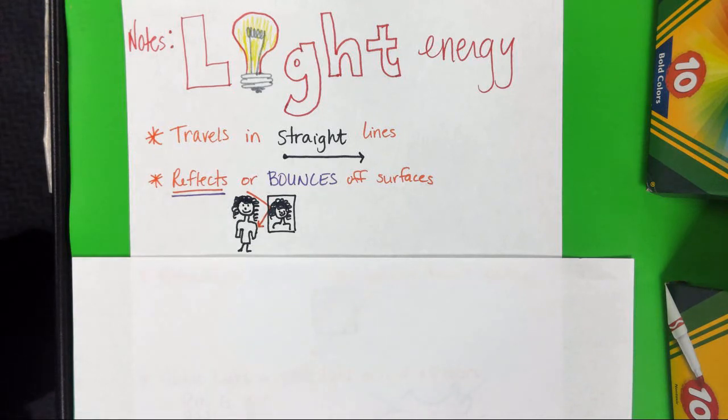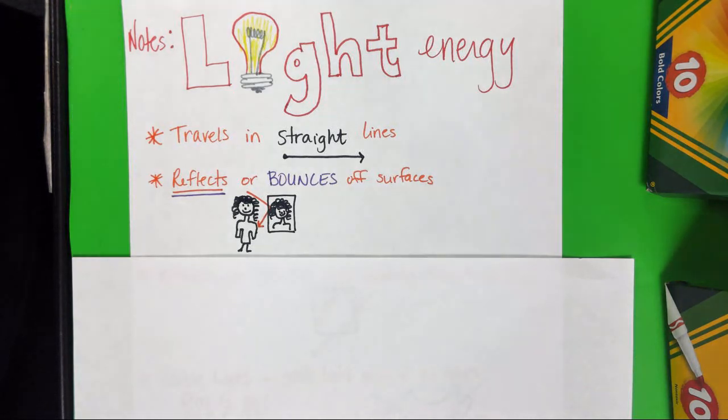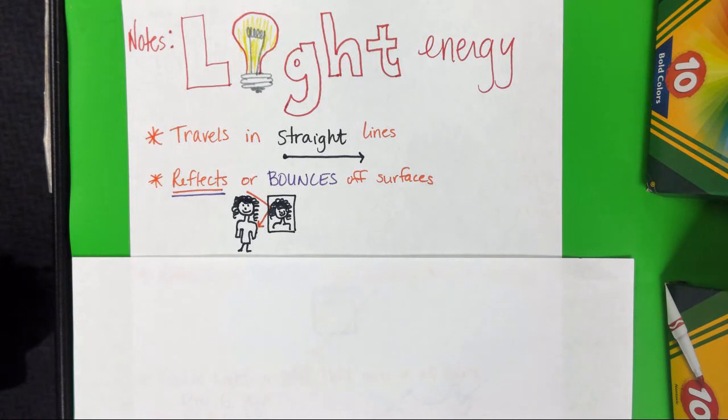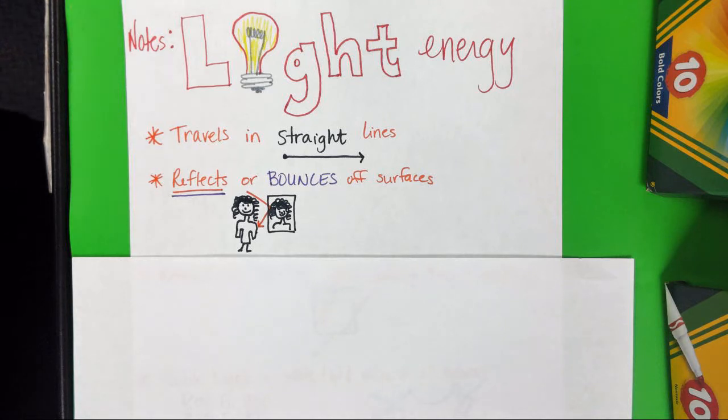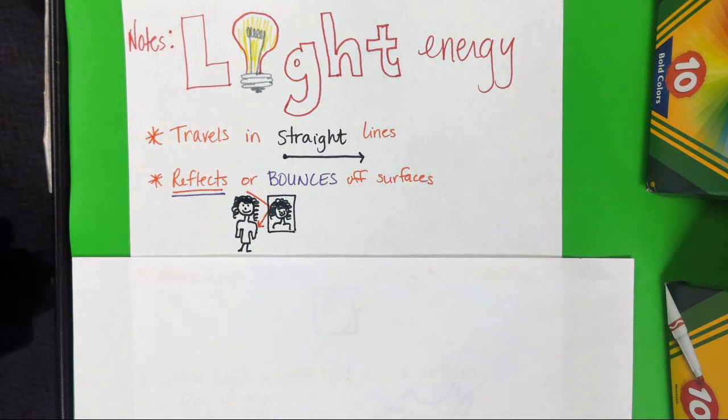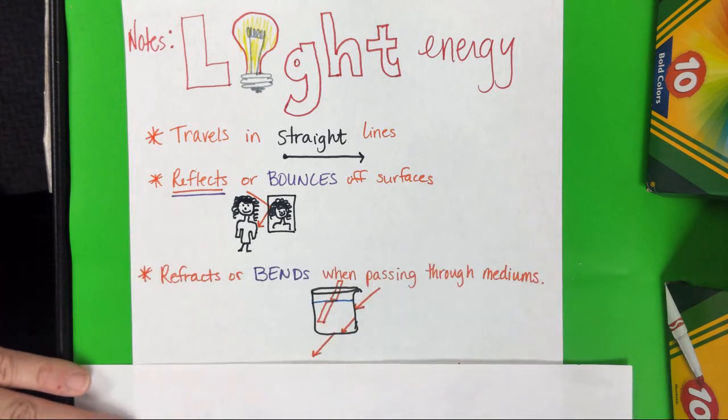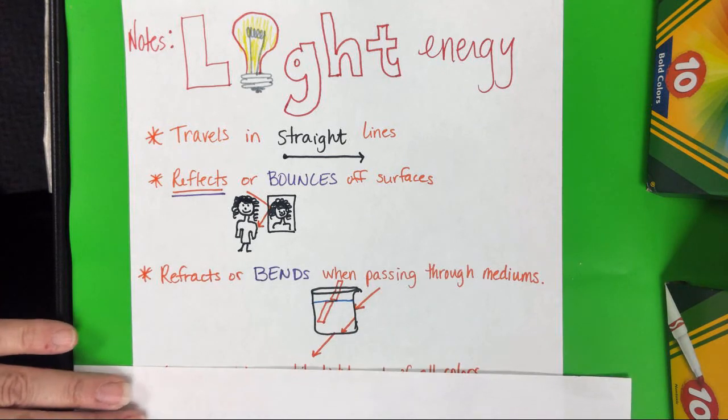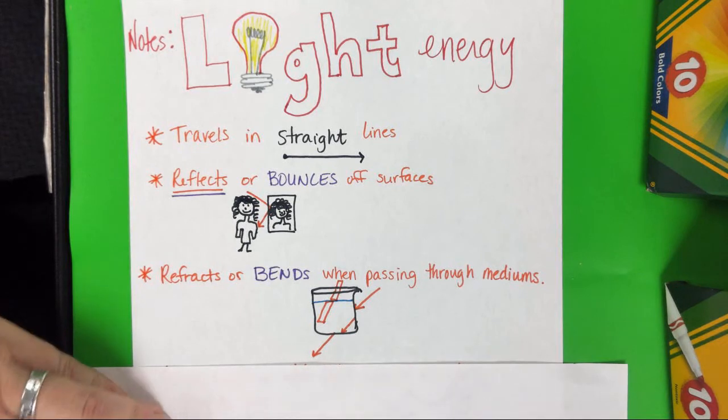So, you remember when we were looking through the beakers? Yes. Okay? What happened in the beakers? It made the objects bigger. Okay? So what happens when light refracts? It bends. Does that make sense? Okay? So, light refracts or bends when passing through mediums.